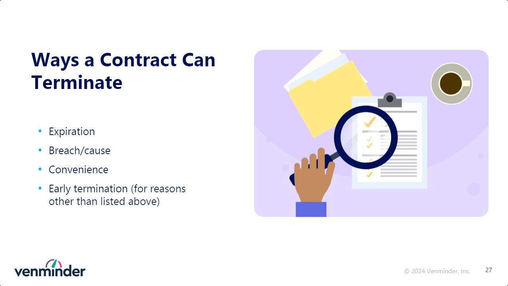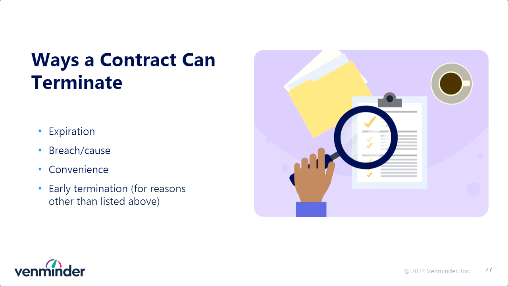There are typically 4 ways a contract can terminate. One is it just expires. Again, there's no auto renewal clause in the contract. There's a specific time period established in that contract, and that time period comes about, and therefore it expires. If that's how a contract is written between you and a vendor, you certainly want to be tracking that expiration date, because if you're relying on that service and then all of a sudden it's gone, you want to be prepared for that.